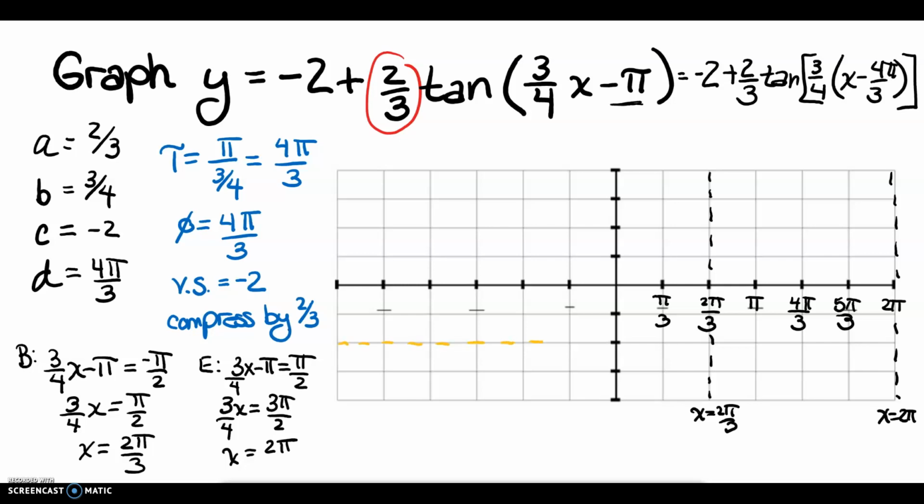So I'm going to mark that on my graph so I don't forget it, because I forget things like that. Okay, so I need to count backwards. I have 1, 2, 3, 4. This is -pi over 3, and this is -2 pi over 3. And I'm going to mark a nice asymptote there for my second period.